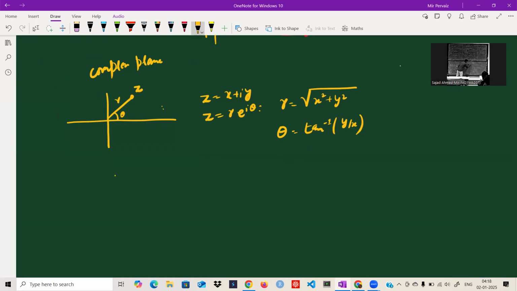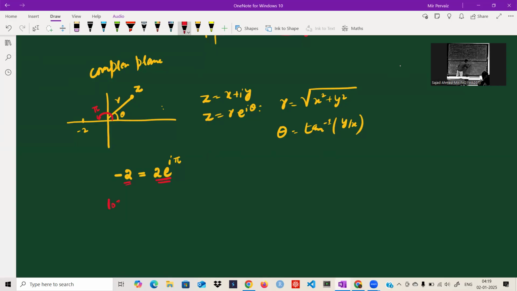Now, if I use the polar representation of a negative number, say -2, then I can write it as 2 e to the power iota pi. The angle of rotation for this will be pi. So this will be the polar representation of my negative number.